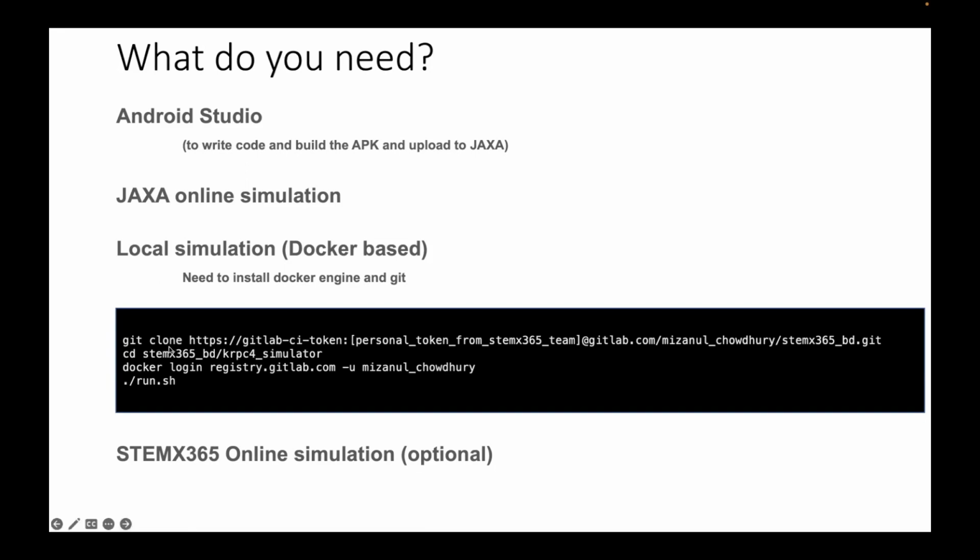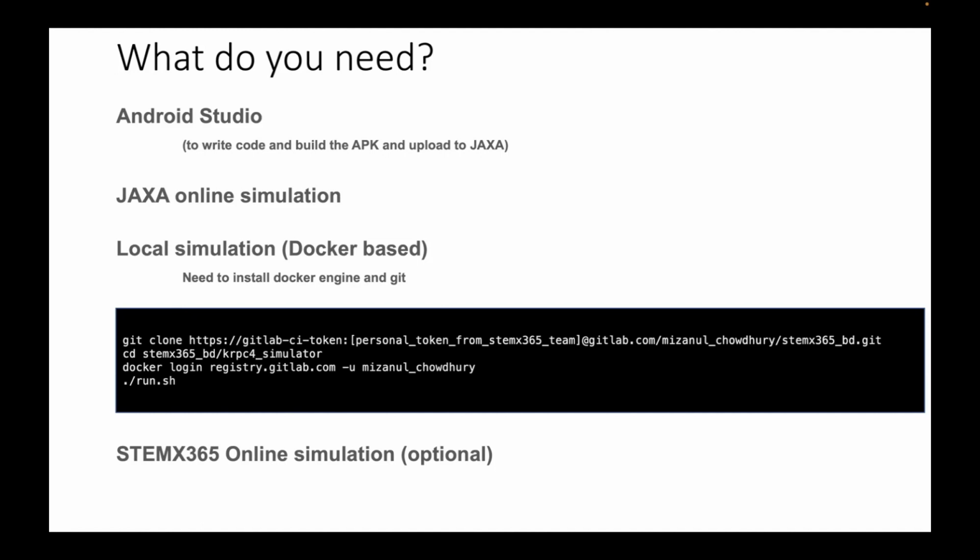I have created a repository for you all. This is the command, and we'll give it to you. Basically, you will clone our repository. Then you follow the instructions, and you'll be able to run your local simulation. There is some configuration you need based on your operating system.